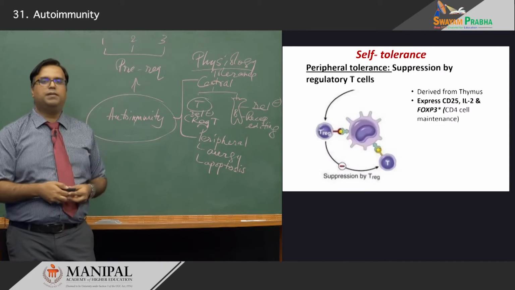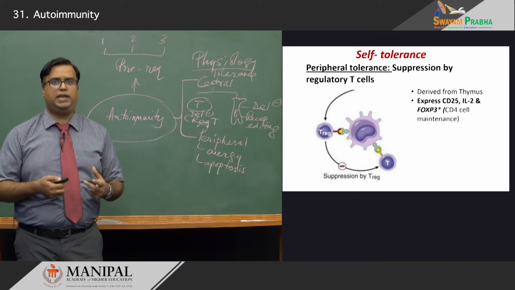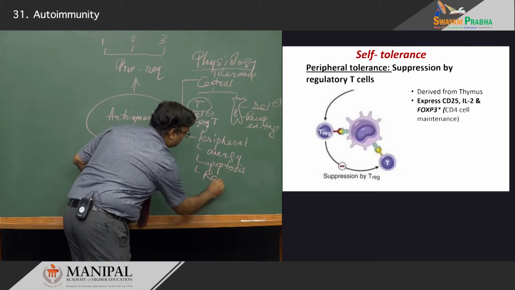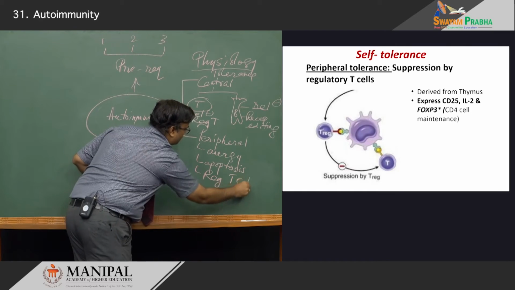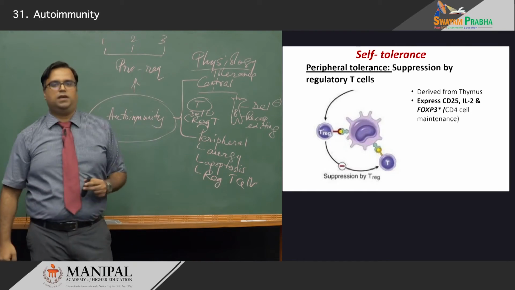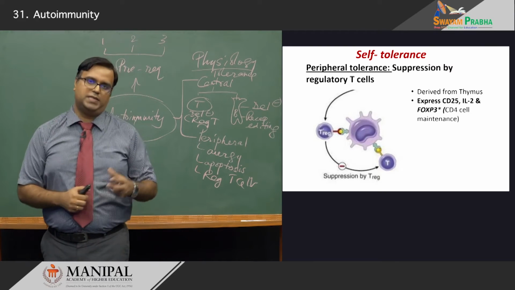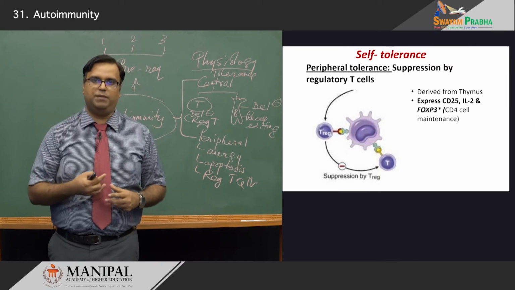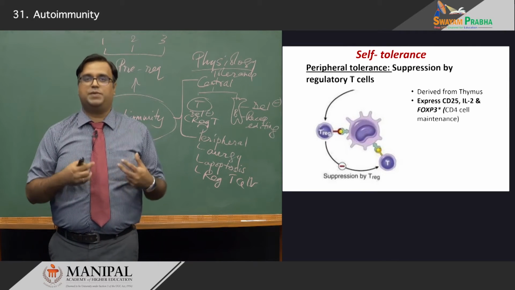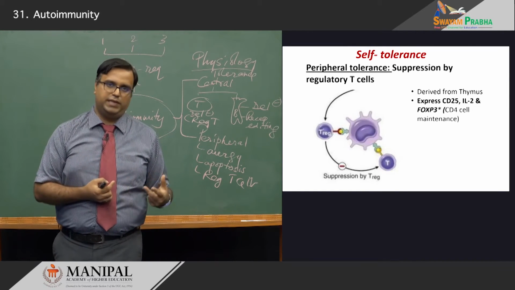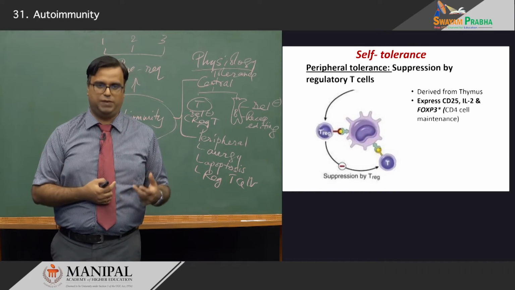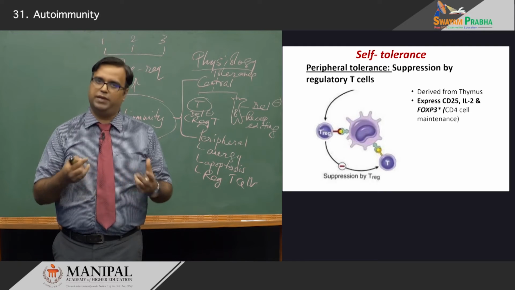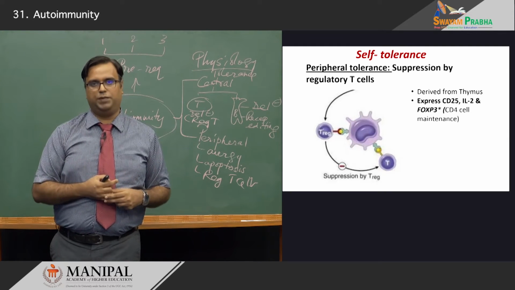Yet another mechanism which is less understood but relevant nonetheless is the role of regulatory T cells. T cells, of course, are derived from the thymus, as we have seen earlier. As you can see on your screen, they are a subset of the population available within the thymus itself. They express high levels of molecules such as CD25, interleukin 2 and FOXP3, which are required for CD4 cell maintenance and differentiation during the growth phase of a human being.